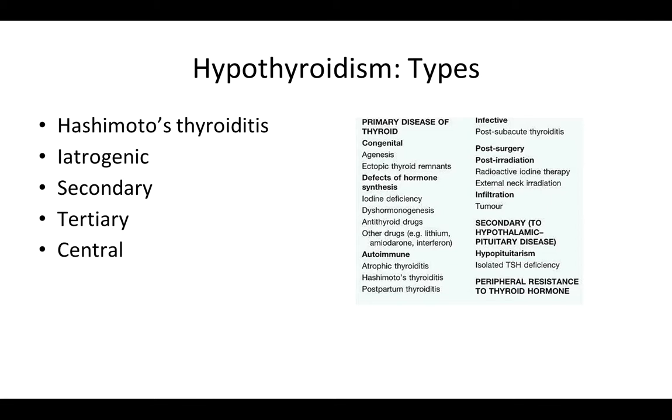That's called peripheral resistance. There is a type of hypothyroidism called central hypothyroidism, and this is a failure of the pituitary, and it's related to the presence of a tumor infiltrating into the pituitary and preventing it from stimulating, or into the hypothalamus and preventing it from stimulating properly in that feedback loop.